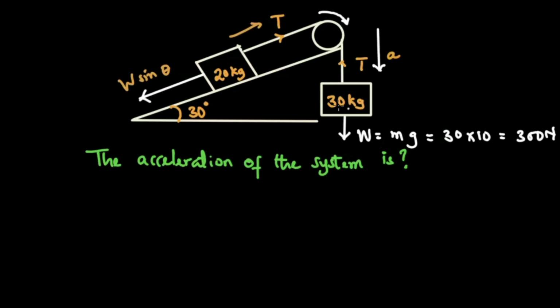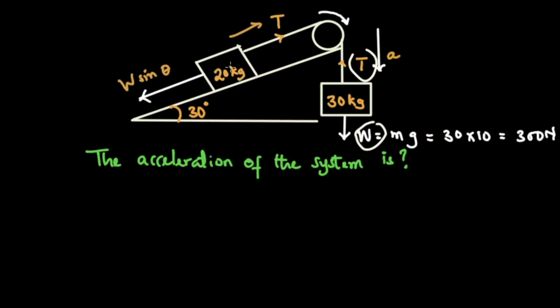Likewise, if we look at the 30 kg mass, this mass is being pulled down in this direction, and the acceleration is downwards. The body is moving downwards, and so the weight will be greater than the tension. Okay, so let's take it step by step.